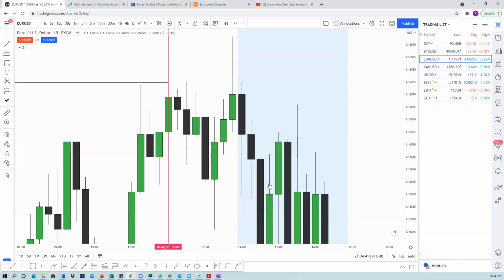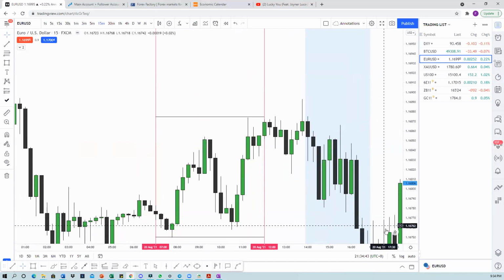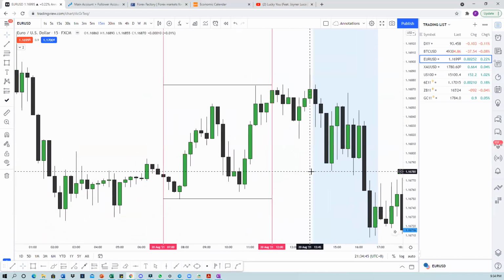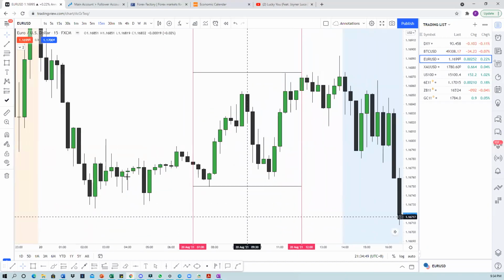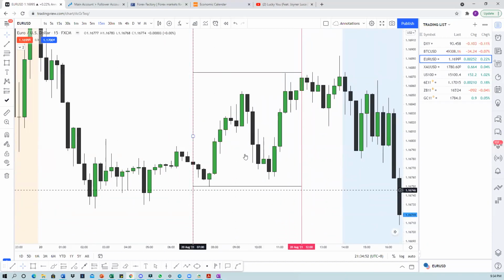Nice. Good. Okay. Now, let's take a look at this entire portion here. Which one is the bullish order block? A, B, or C?